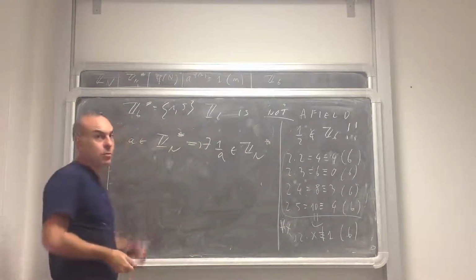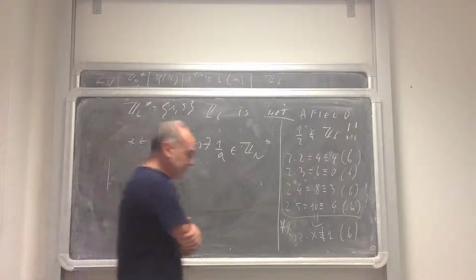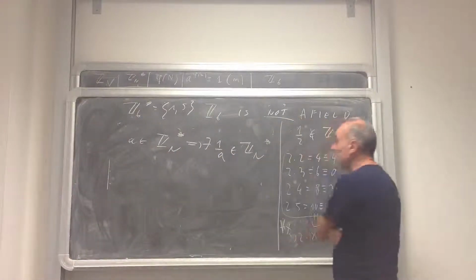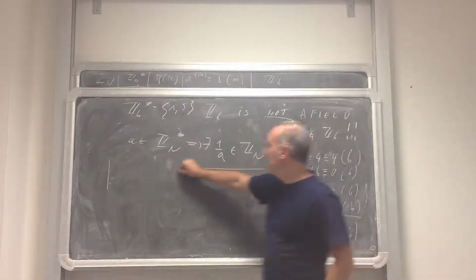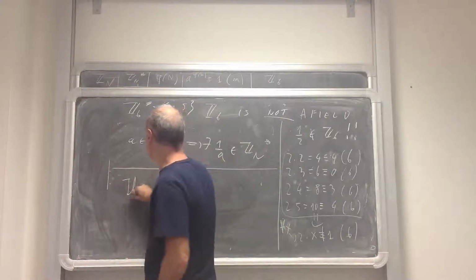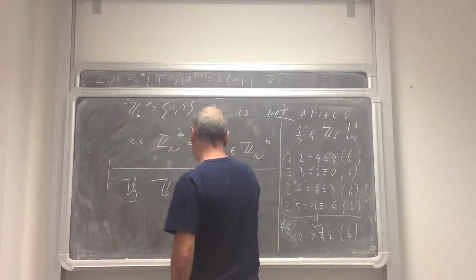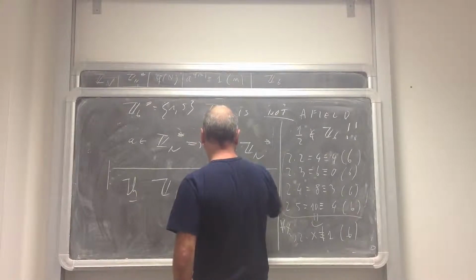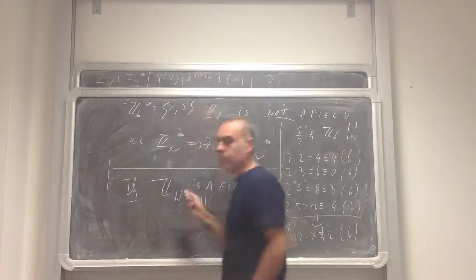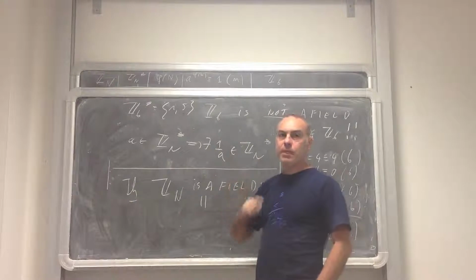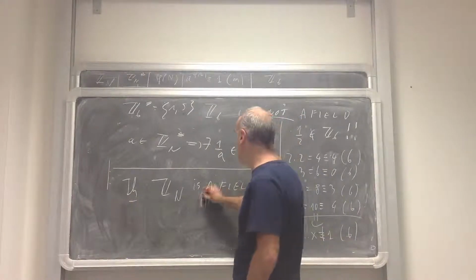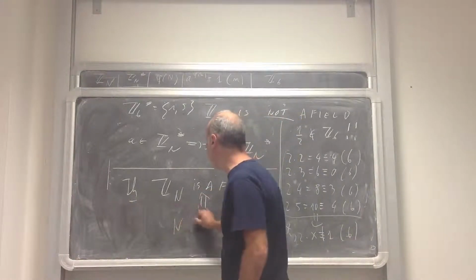As we said, it's a group. Generally speaking, theorem: Zn is a field. So we saw that Zp is a field, with p prime. In general, Zn is a field if and only if n is prime.